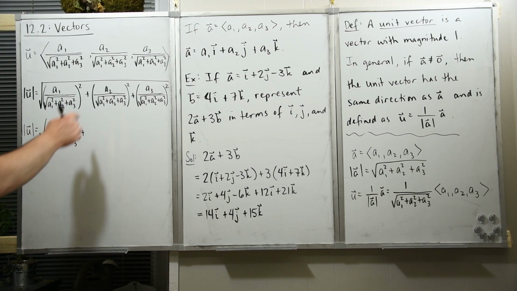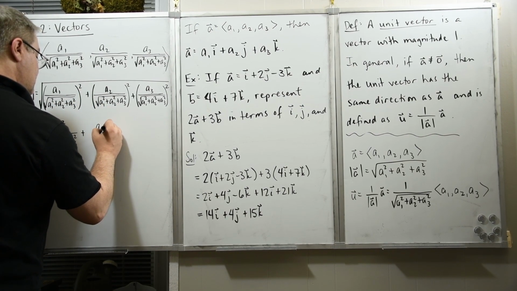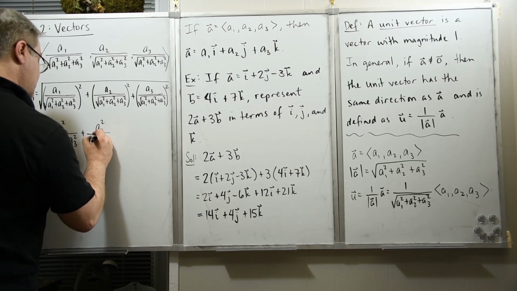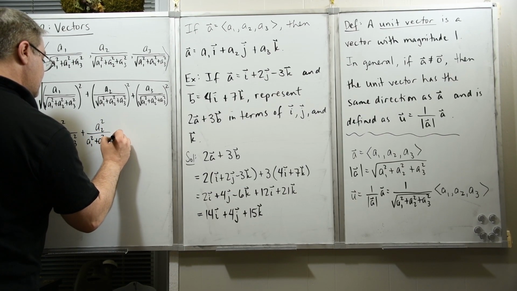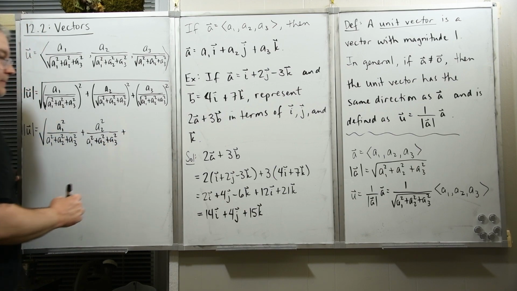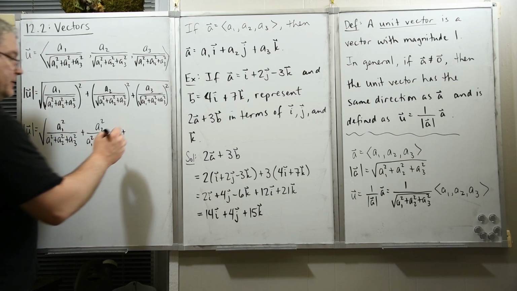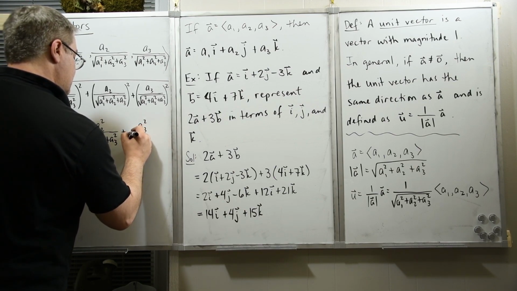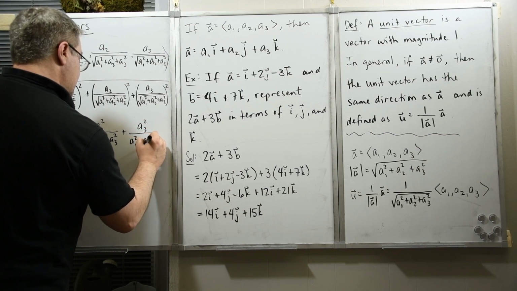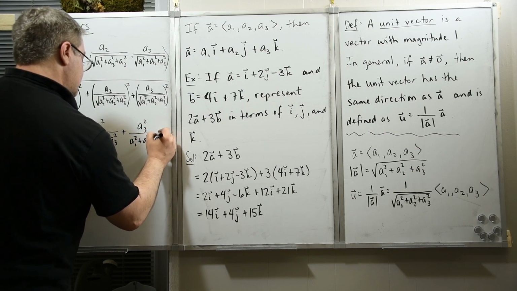In similar fashion, we'll have an A2 squared over A1 squared plus A2 squared plus A3 squared. And we'll also have an A3 squared over A1 squared plus A2 squared plus A3 squared.